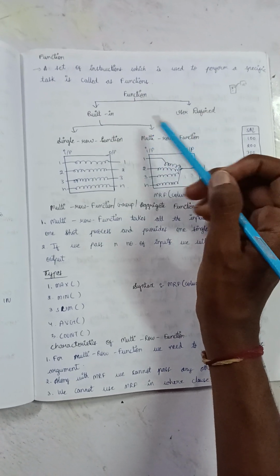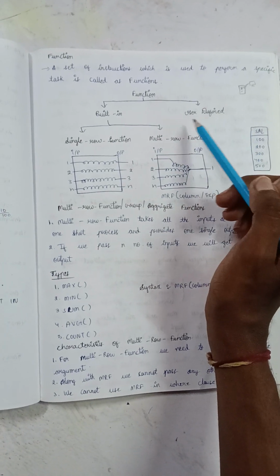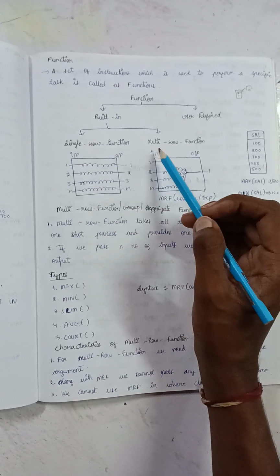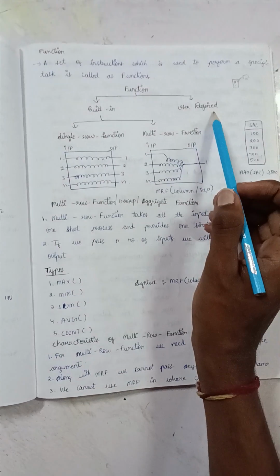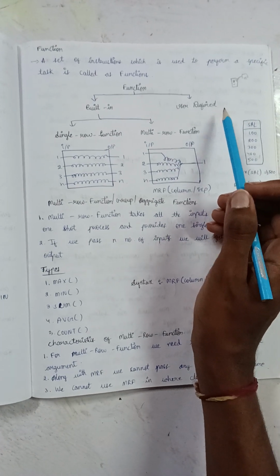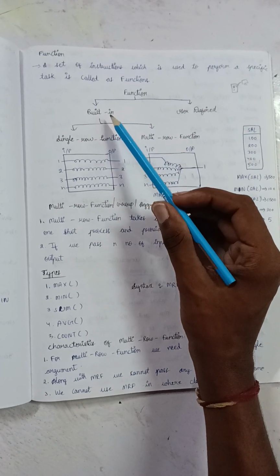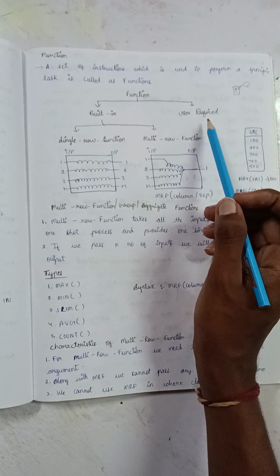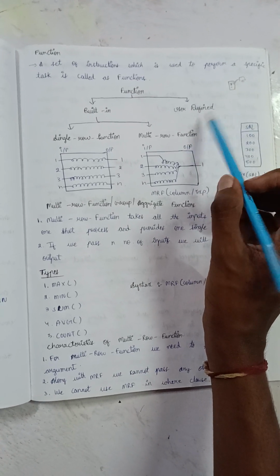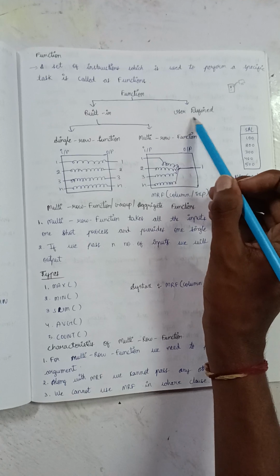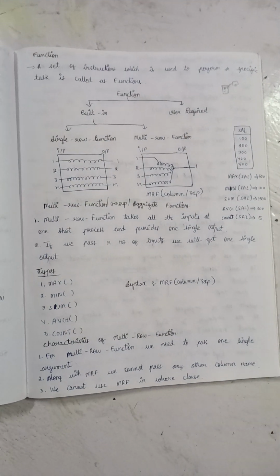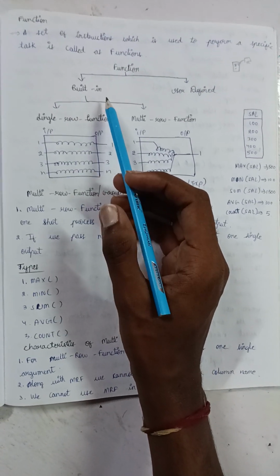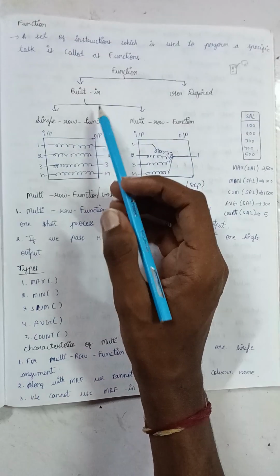Functions are classified into two types: built-in functions and user-defined functions. Built-in functions are again classified into two types: single row functions and multi-row functions. User-defined functions are those defined by the users and can be used only in that particular program, while built-in functions are defined by the software and can be accessed anywhere within the software.